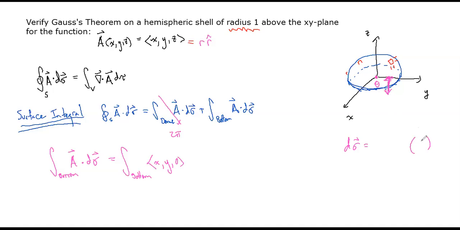Cartesian coordinates are going to be great for this. I would call that the what direction? So that is the negative k hat direction. And then I can move a little bit in this direction, so that's dx and then dy. So dx dy minus k hat.